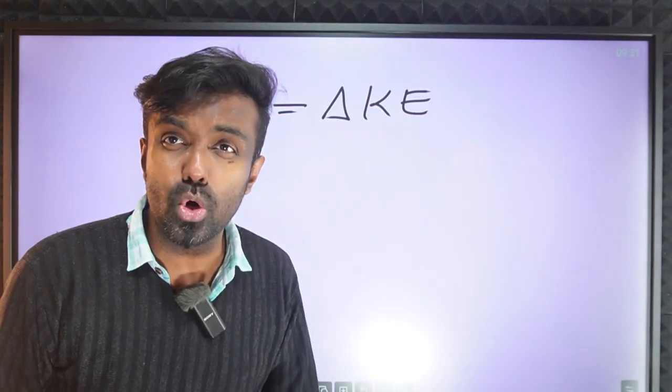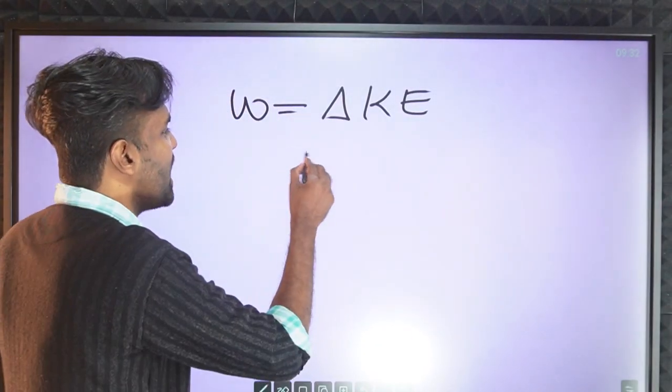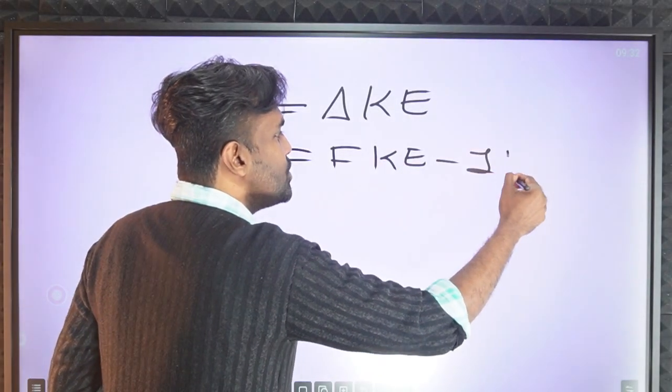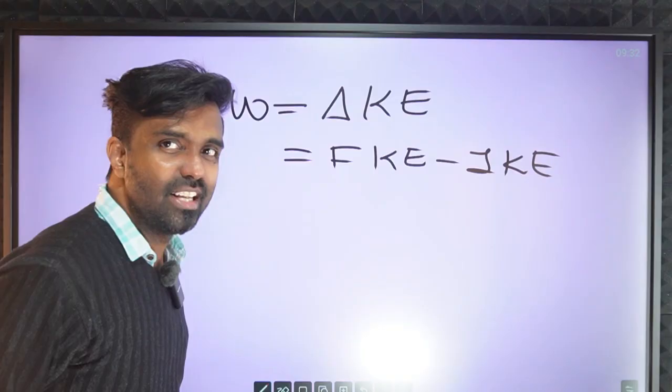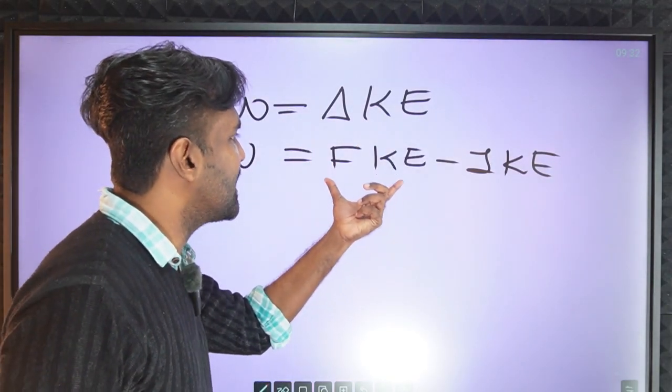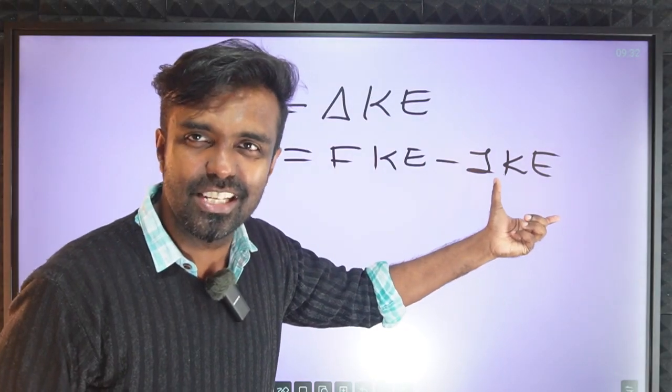Everyone knows that for the change in kinetic energy we consider final kinetic energy minus initial kinetic energy. Please write here that the work done is equal to final kinetic energy minus initial kinetic energy.